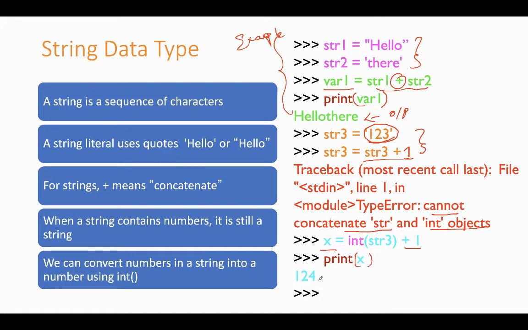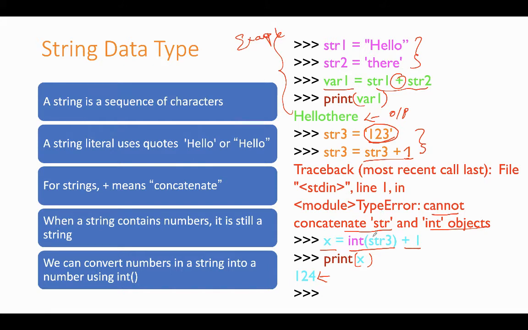Print of x, you'll get the result as output. This is how your numerical value and your constant value can be added, using the inbuilt function int with any number. So these are the two methods used to concatenate the strings.